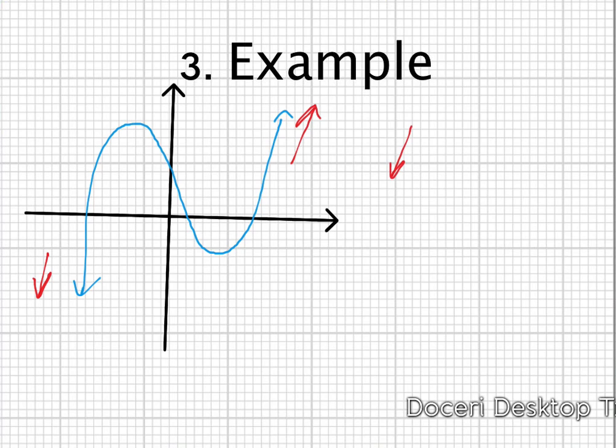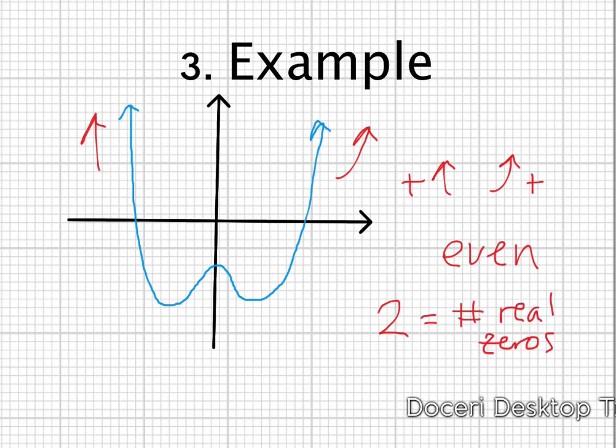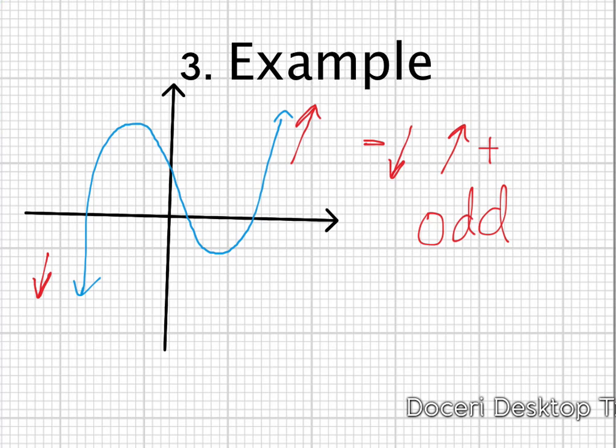So I'm going down or negative on the left and up or positive on the right. So because I have opposite, this is going to be odd. So before we were even, now we're odd. And how many times do I cross the x-axis? 3 times. So I have 3 real zeros. Okay? So that's an example of odd and even functions.